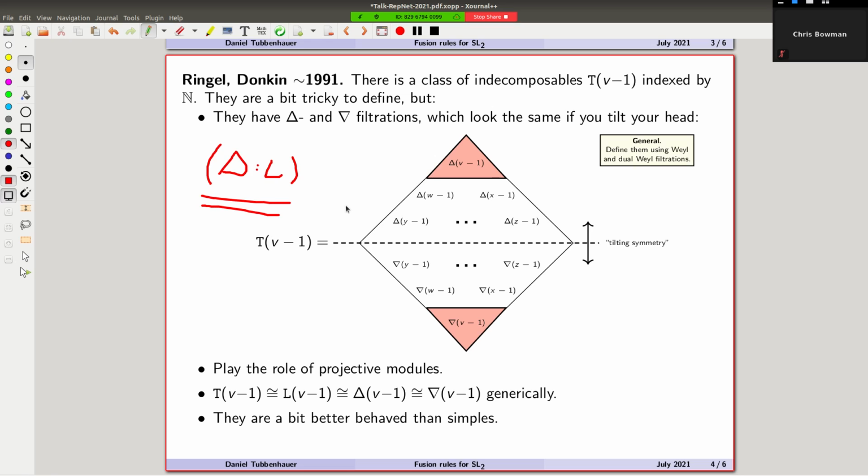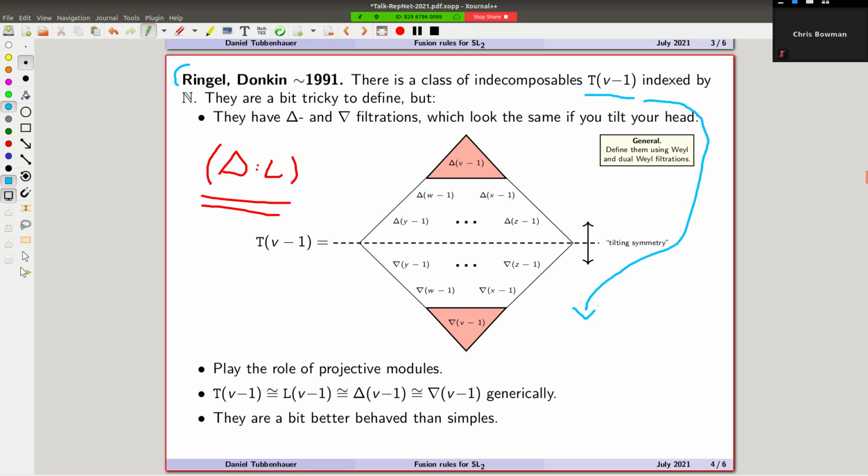Because the fusion rules are, as far as I'm aware, not so super nice for simple modules, but they are very nice for this nice family of modules which go back to Ringel and Donkin, and they're called tilting modules. And I won't define them. I don't really want to define them. For SL2, you can think of them, if you've never seen them, as the following.